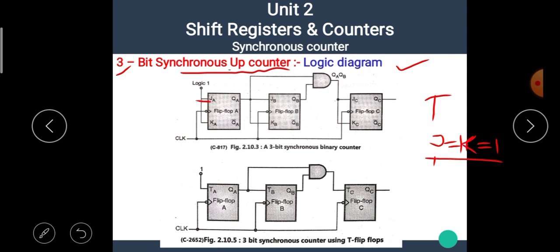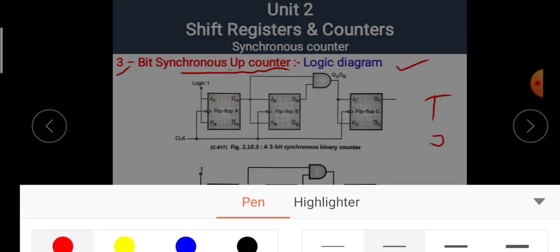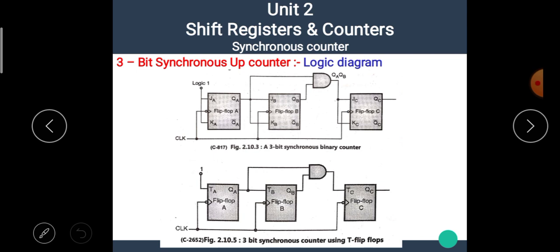That means J and K are connected to each other. Similarly, we can use T flip-flops directly here. That means flip-flop A, TA, flip-flop B, TB, flip-flop C, TC. We can draw any of the diagrams.